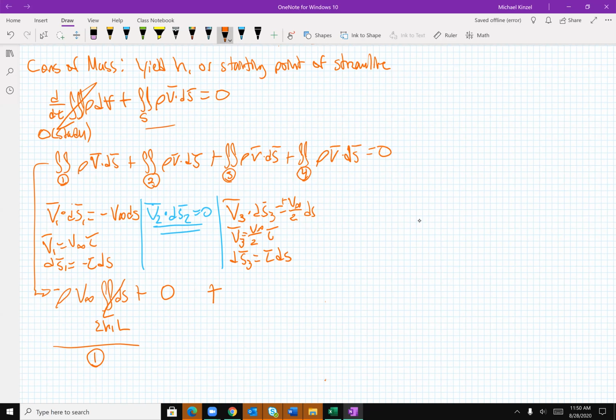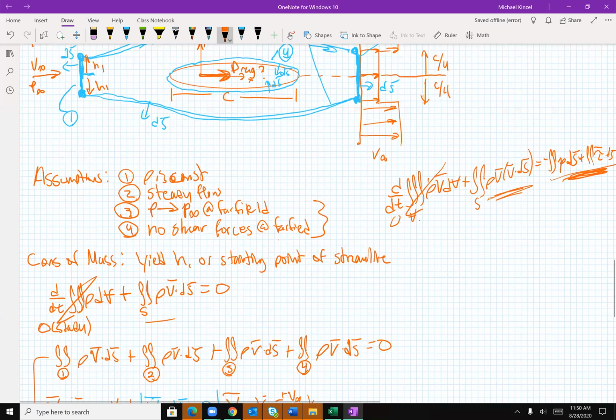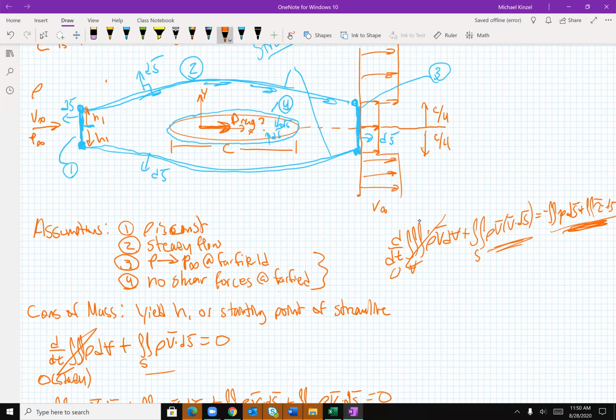When we perform this integral, we could pull out rho and V infinity on 2. It's a constant, and this integral equals 2 times c on 4 times L. Remember, the height of this is c on 4.